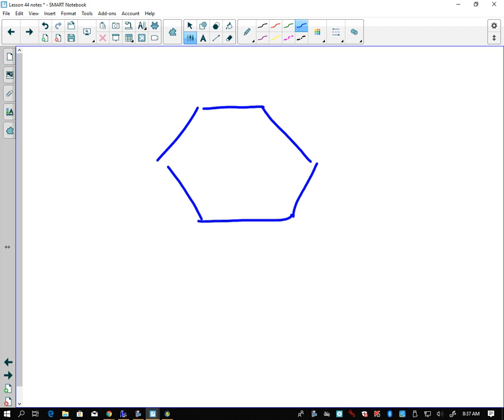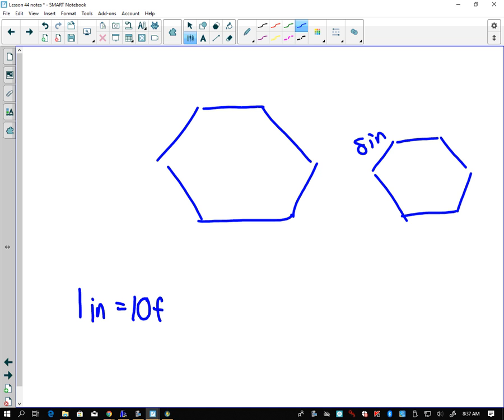We've got a blueprint over here where one side is 8 inches, right? And 1 inch equals 10 feet. Even if we didn't want to set up a proportion, we could just common sense this through.